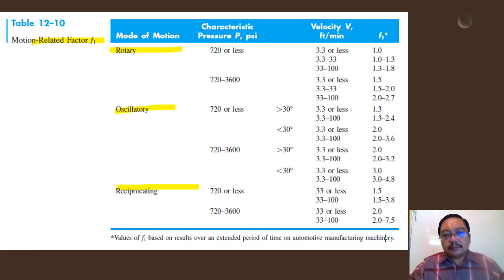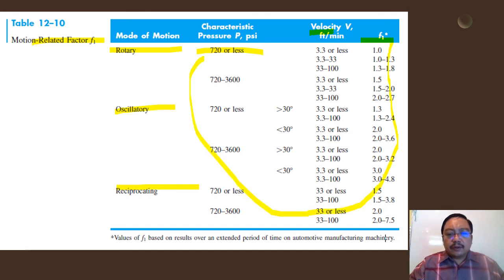This is the characteristic of table 12-10. You can read this. This is the velocity, and this is the f1 factor. Meaning that if you are dealing with a rotary condition, meaning it's moving like this, you use this factor. Oscillatory is up and down, up and down. Reciprocating will jump up and down rapidly.